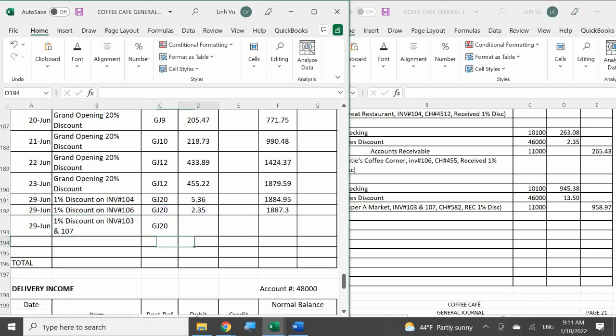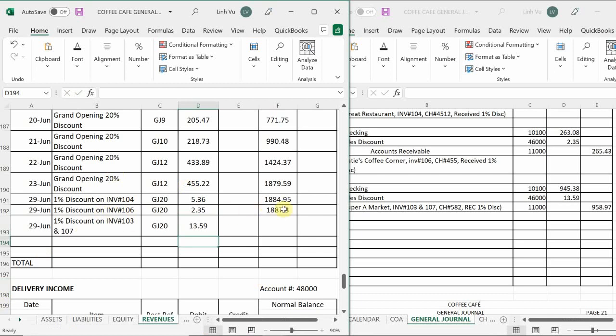General Journal 20 for $13.59. What's my total discount? 1,989. Good.